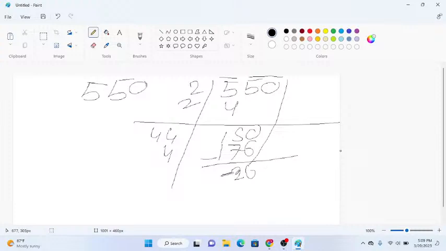The question was what smallest number we should add so that it becomes a perfect square. My answer is simply 26. If we add 26 to 550, it will become a perfect square. So the correct answer is 26.